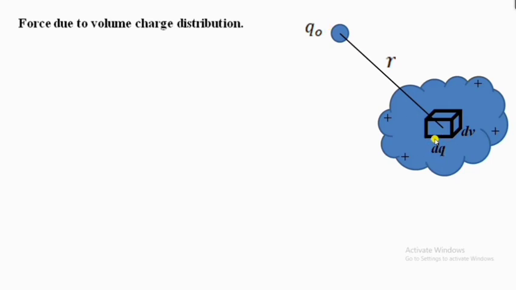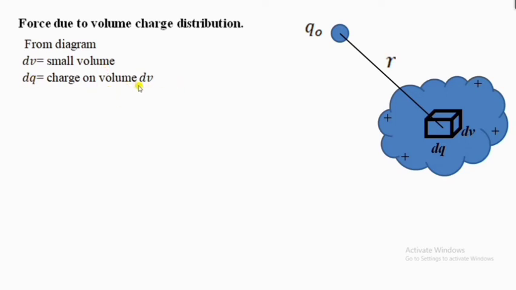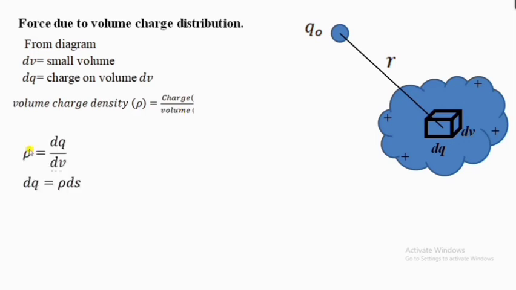So first I'll find dq. From the diagram, dv is the small volume and dq is the charge of the small volume dv. We know the volume charge density is given by charge by volume, so rho is the volume charge density. Now I can write dq is equal to rho into dv.